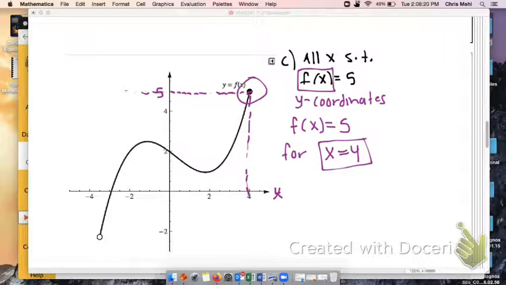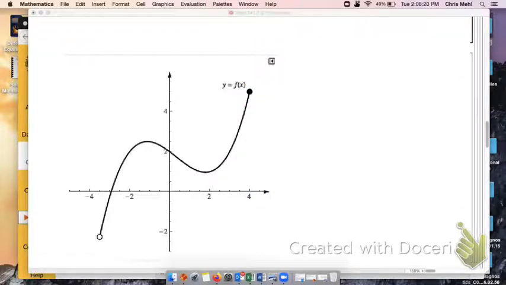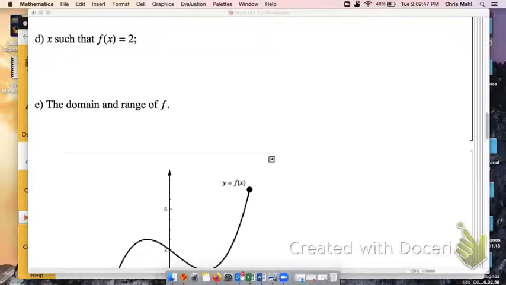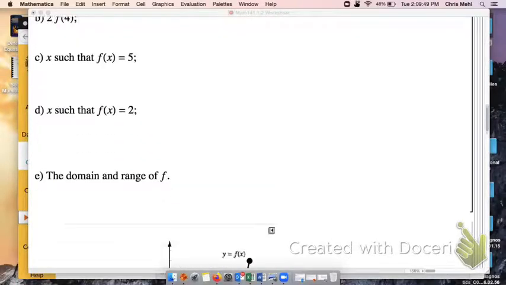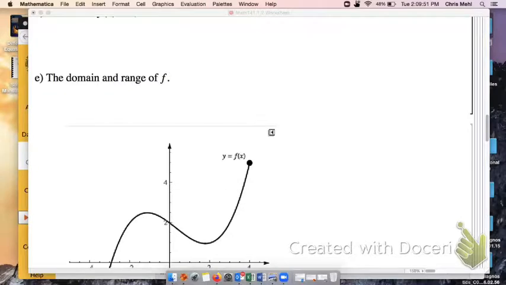You saw in the previous problem that we found 2 times f of 4, and we knew that f of 4 was 5. Now I need to do part D: all x such that f of x equals 2.